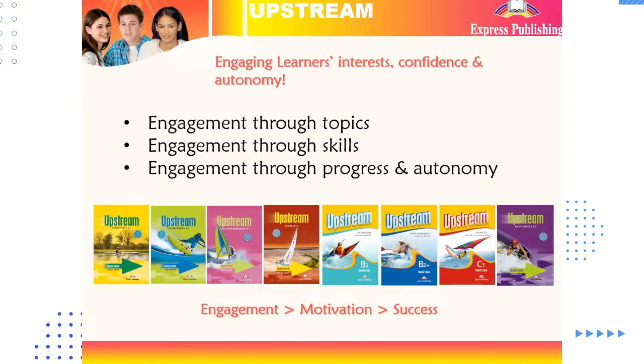Upstream contains a number of different lessons and tasks that help learners develop into independent and autonomous learners and set them on the right path to success in their English studies.